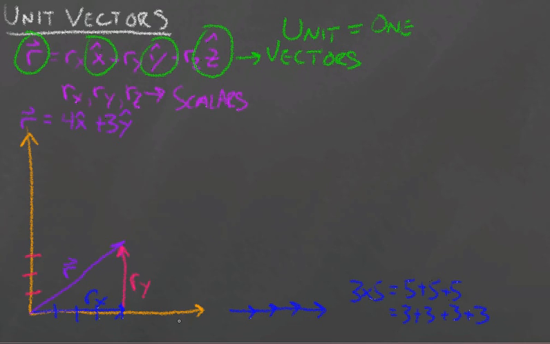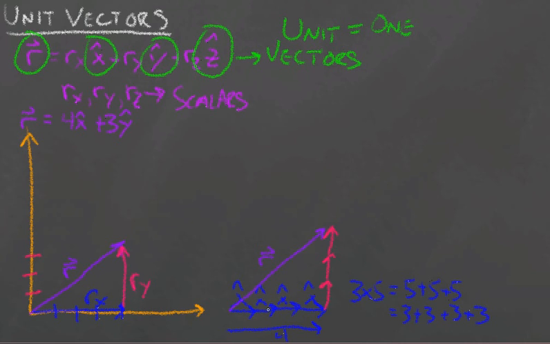So it's the same thing with these unit vectors. You can either write it as 1 plus 1 plus 1 plus 1, where each of these is x hat, or we can just write it as 4. And then similarly, we go up 3 y hat, and that's going to give us our r. So that's all a unit vector really is.